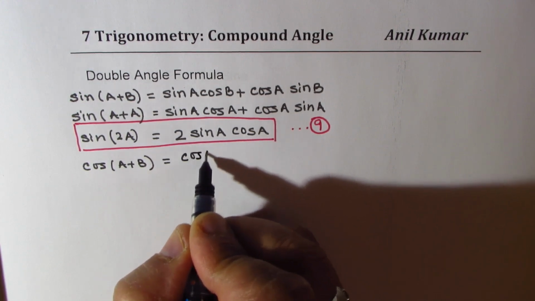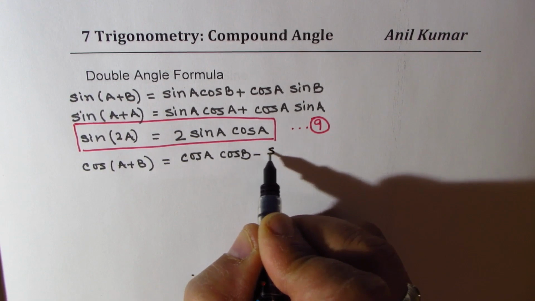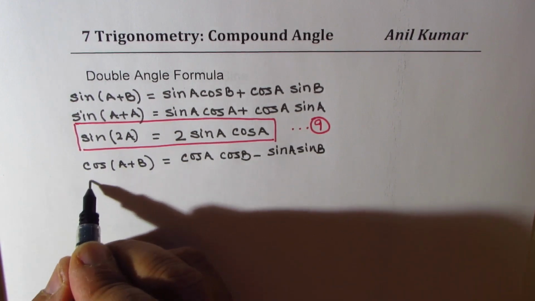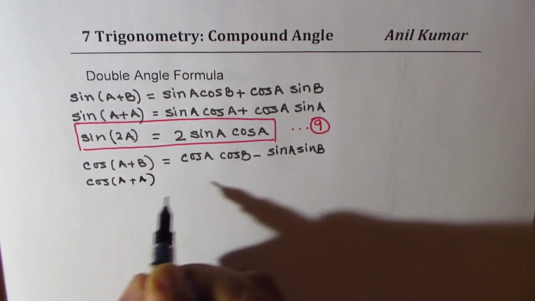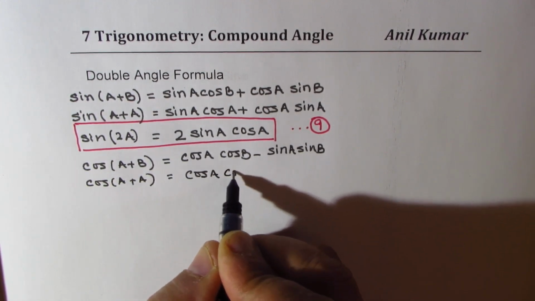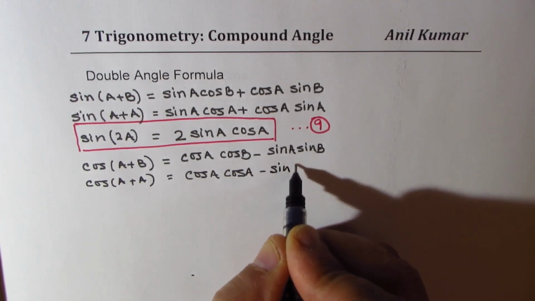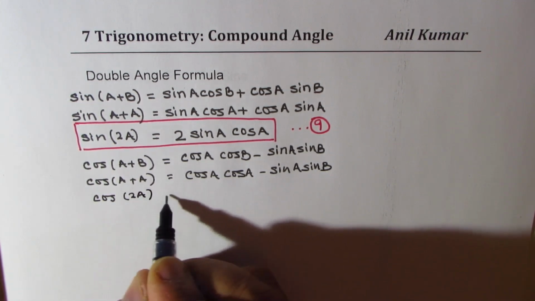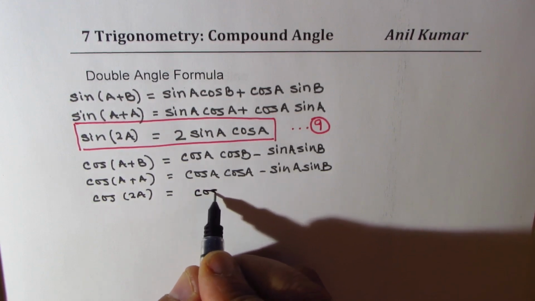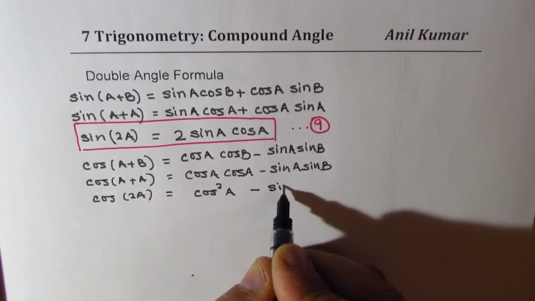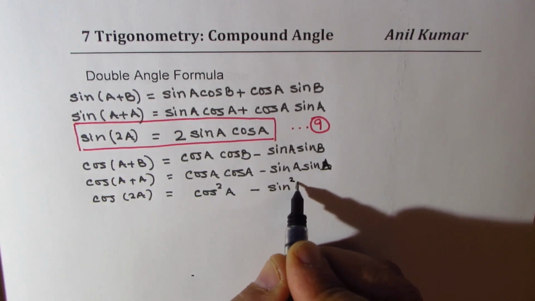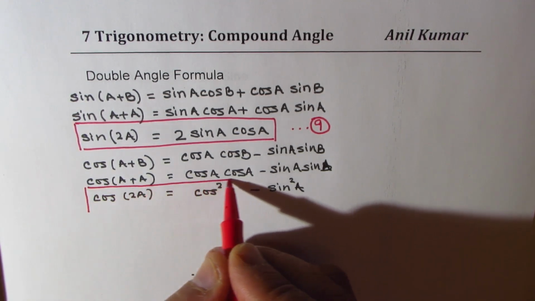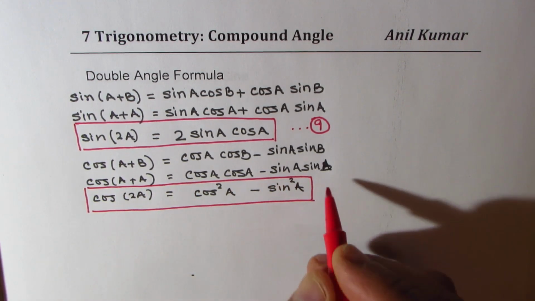It is cos A cos B minus sin A sin B. Now if I replace B with A, I get cos of A plus A. So we get cos A cos A minus sin A sin A. So that means cos of 2A is basically equal to cos square A minus sin square A. So that is our 10th formula. So we call it a double angle formula.